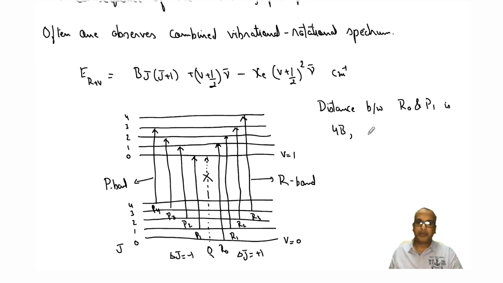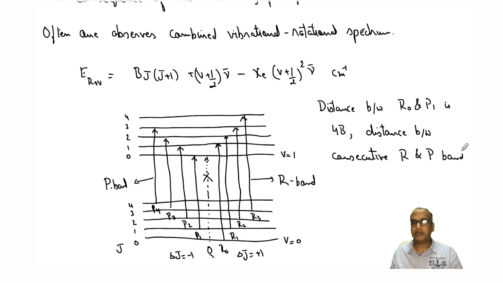The distance between consecutive R and P lines is 2B.